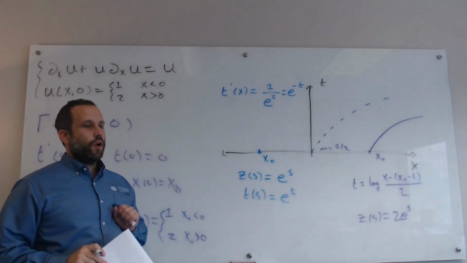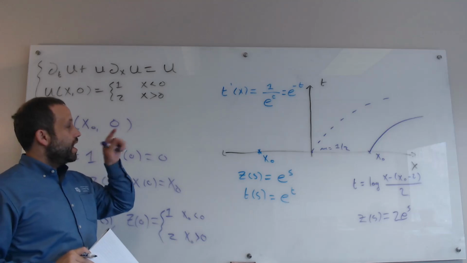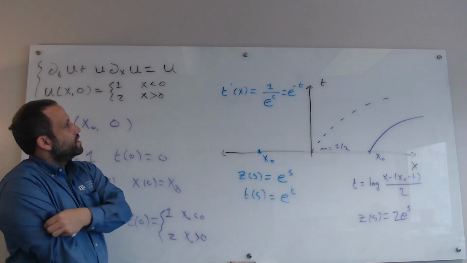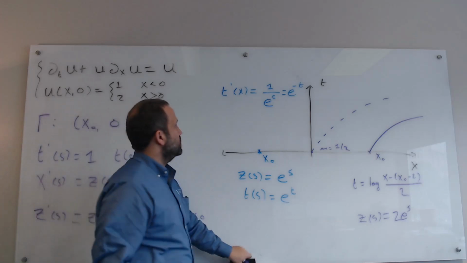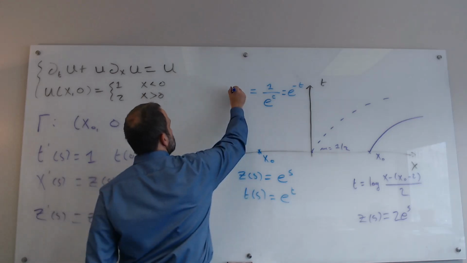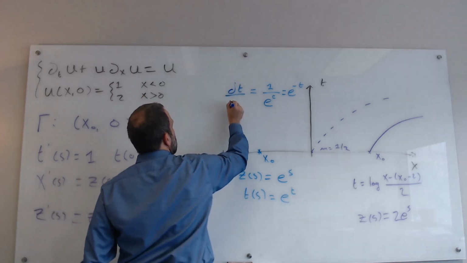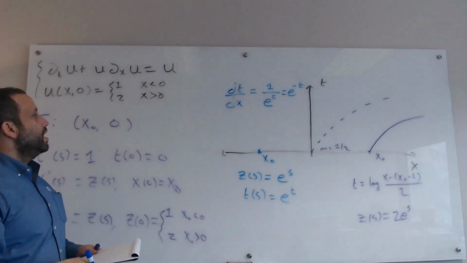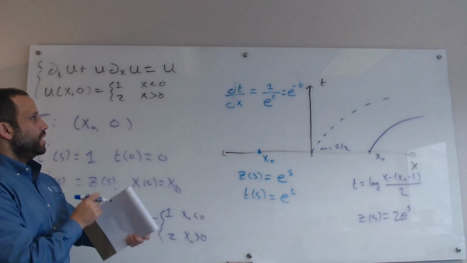So we have a very strange differential equation here. t prime equals e to the minus t. So let's see, how do we want to solve this? Well, we can think about dt as being dt dx. I actually know what the solution is, and I wasn't planning on solving it, but I'll just go ahead and solve it. So we've got dt over dx equals e to the minus t.